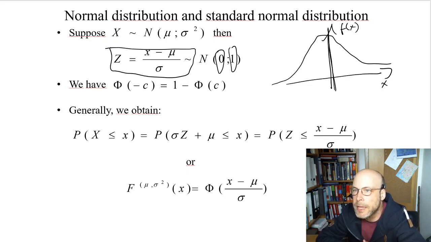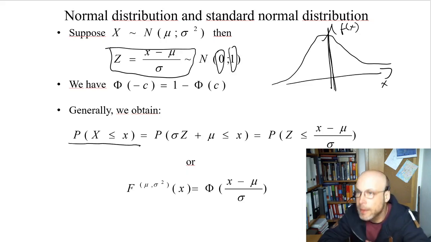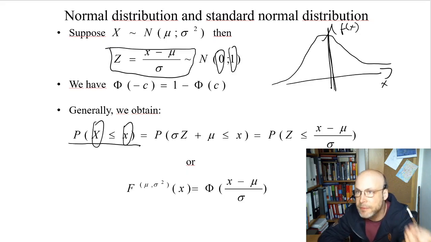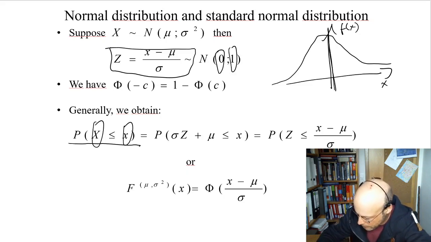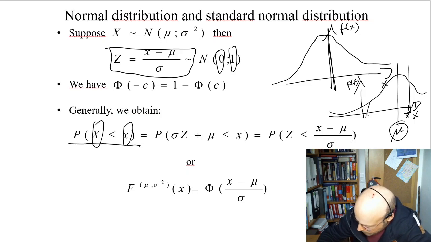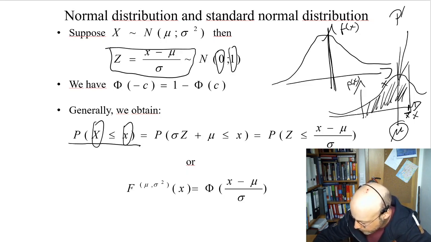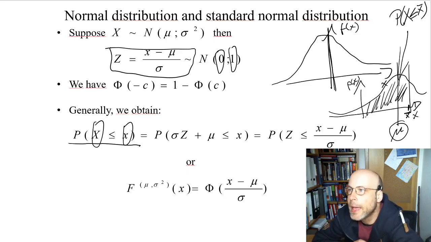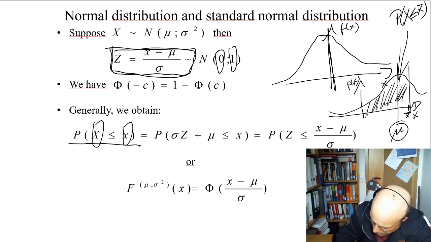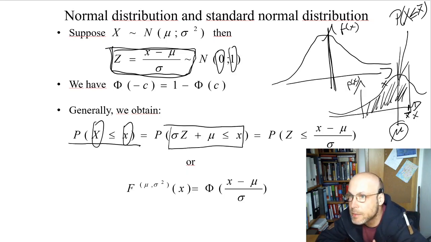And this, of course, means that we have to translate the general probability that our random variable capital X is smaller than some specific number small x. In a general normal distribution, this would look like this. Then we had here our expected value, and let's say if this value x here is, then this area here would represent P(X smaller than x). This probability can be translated via this general transformation into P(sigma Z plus mu smaller than x).